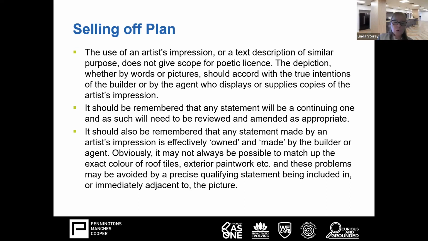And actually, the courts over time have been very generally understanding that in a new build environment, things do change. In fact, for a potential purchaser to be successful for changes of roof tiles, the changes must be significant.